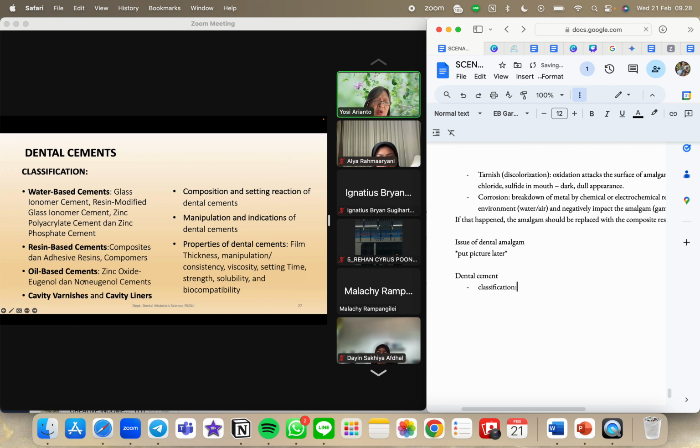So please look again at the composition and the setting reaction, because they are a little bit different for each cement, and at how to manipulate them and their indications.